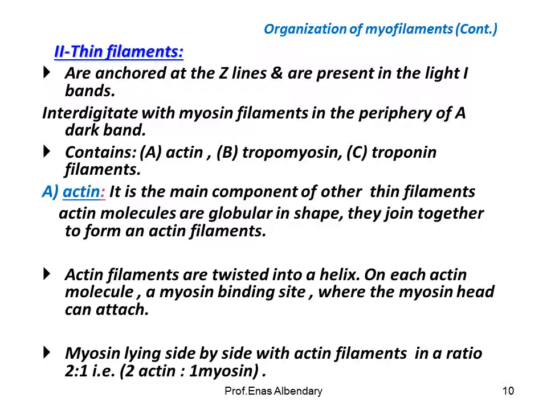They contain number 1, actin, 2, tropomyosin, 3, troponin filaments. So thin filaments are of 3 types: actin, tropomyosin and troponin.